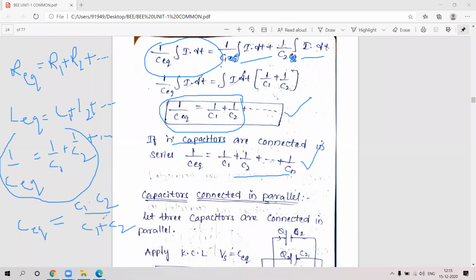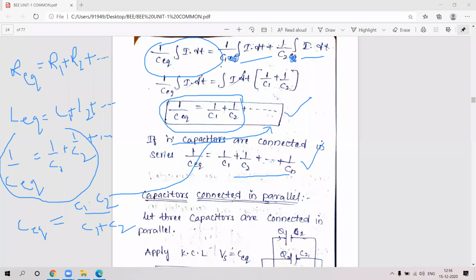When you take the LCM, you will get C1 C2 by C1 plus C2. Is it clear, all of you?